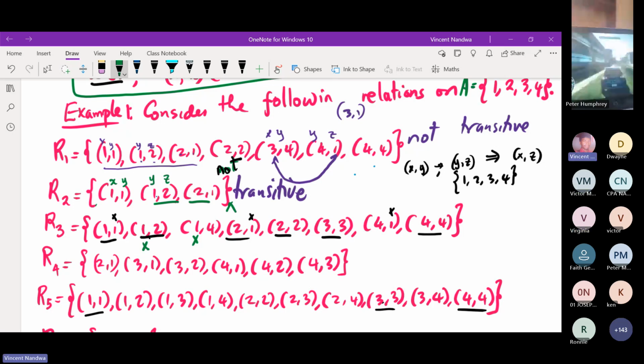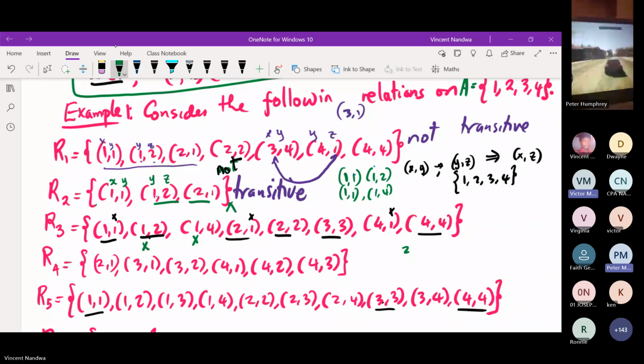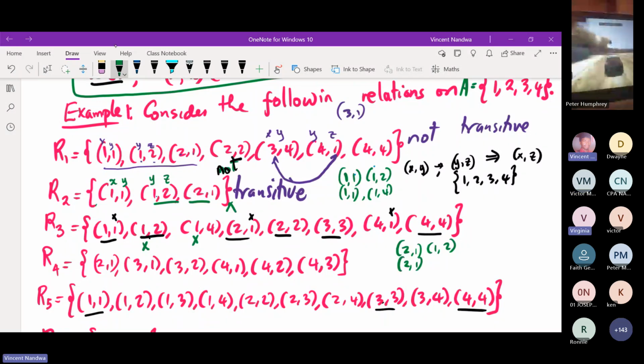Which means that 1, 1 can be related to 1, 2, and 1, 1 can be related to 1, 4. And 2, 1 can be related to 1, 2, and 2, 1 can be related to 1, 4.